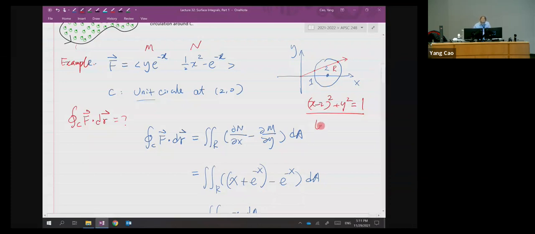However, if you let u equal x minus 2 and v equal y with a change of variables, then your circle is shifted to the origin. And now you can safely apply polar coordinates, and you get a very easy solution.